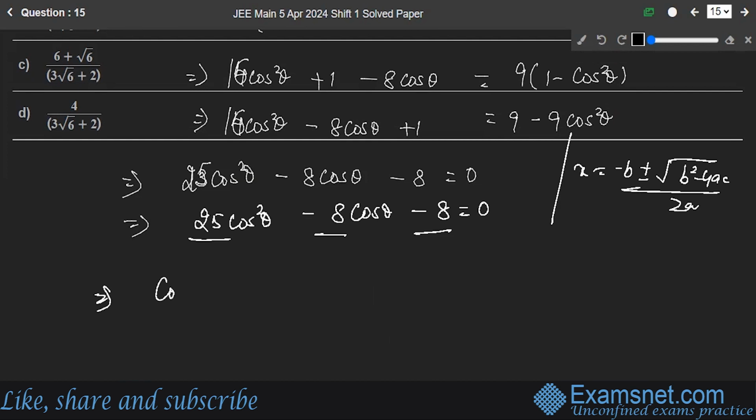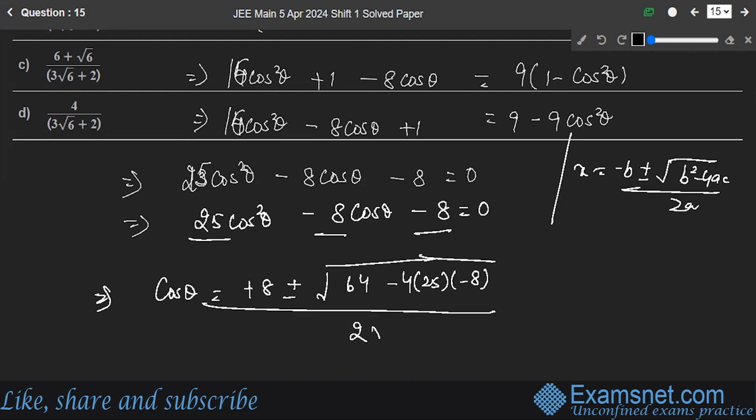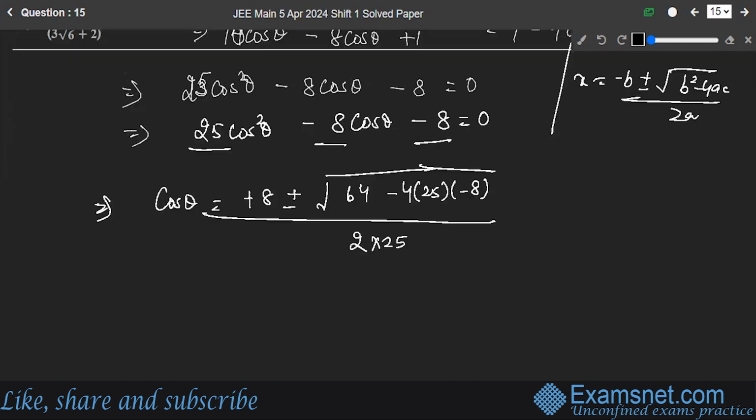So your cos theta is equal to minus b plus minus root of b squared, which is minus 8 squared, that is 64, minus 4ac, divided by 2a.